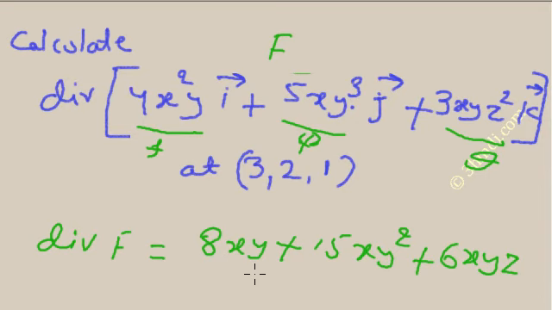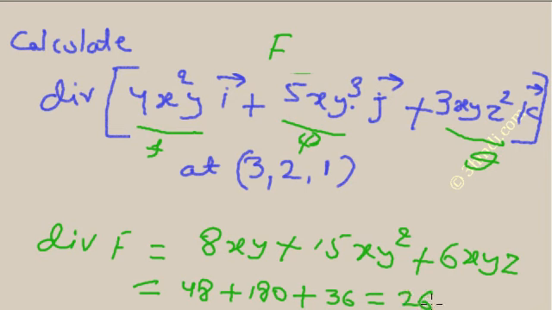If you put the value x equal to 3, y equal to 2, and z equal to 1, you will get 48 plus 180 plus 36, that is equal to 264.